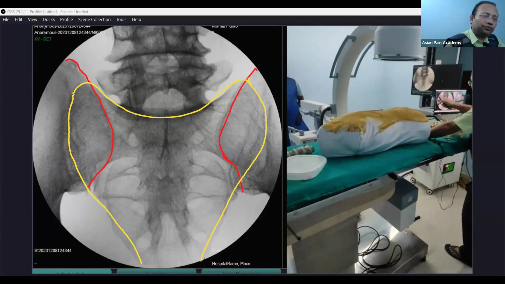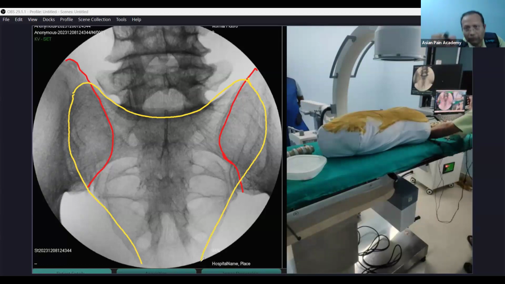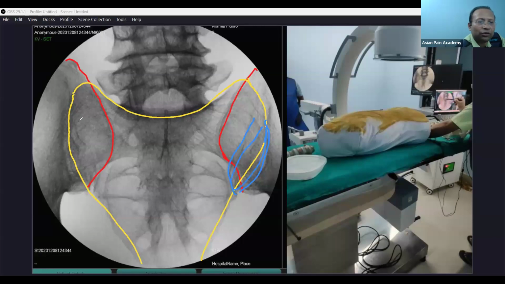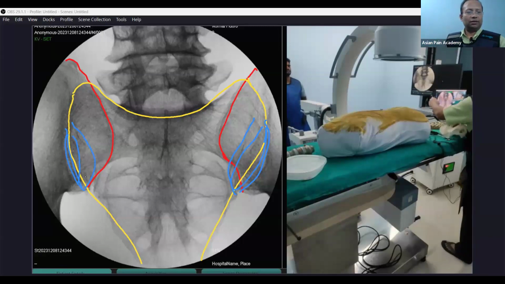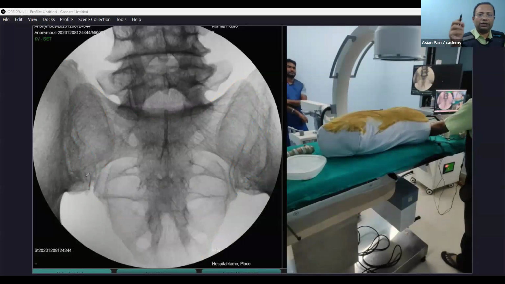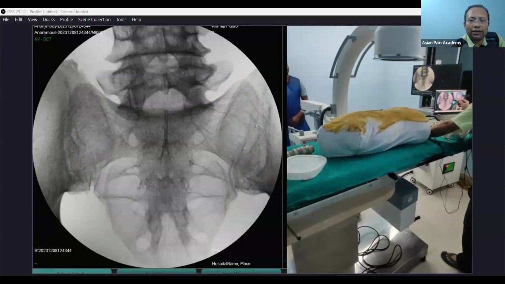So now where is the SI joint? There are two joint lines, pear-shaped joint lines in this area. If I remove the drawing, you can see one joint line is this one.